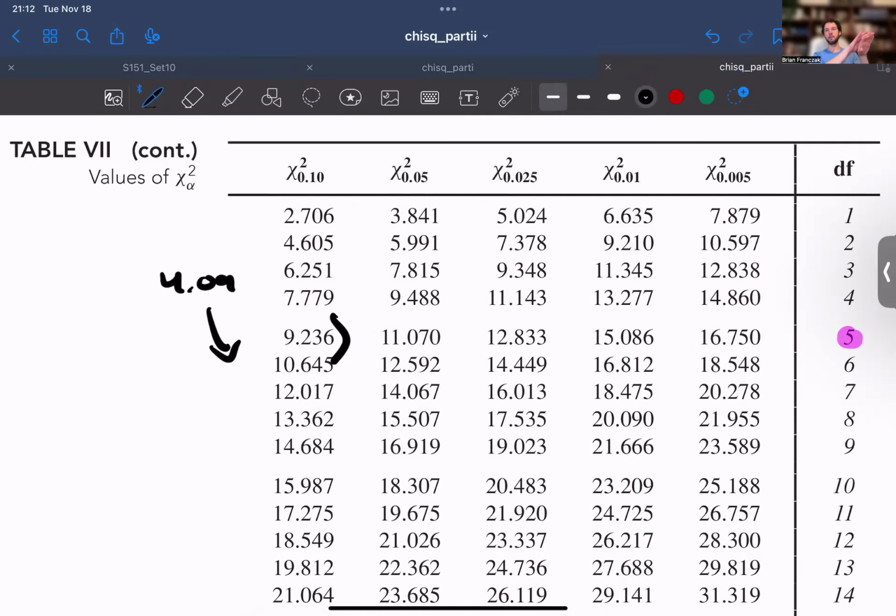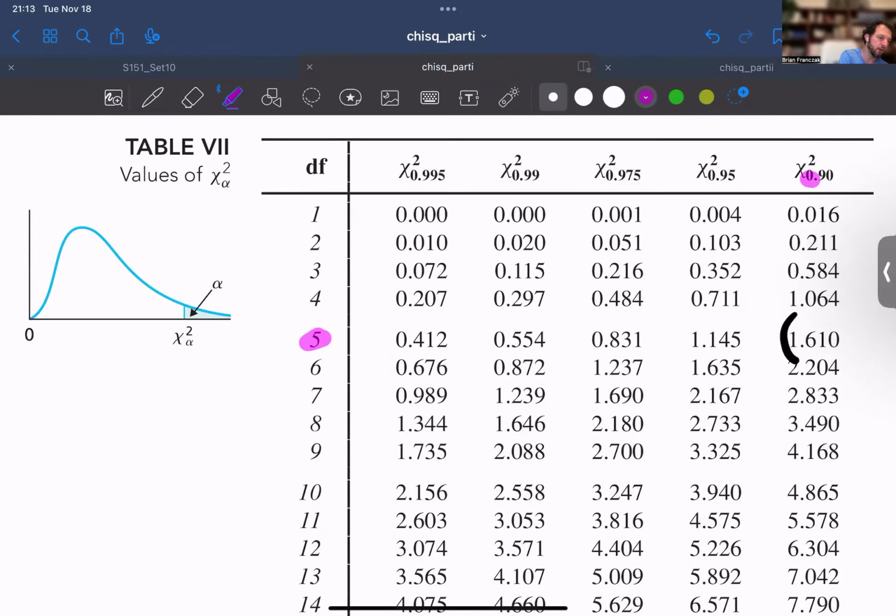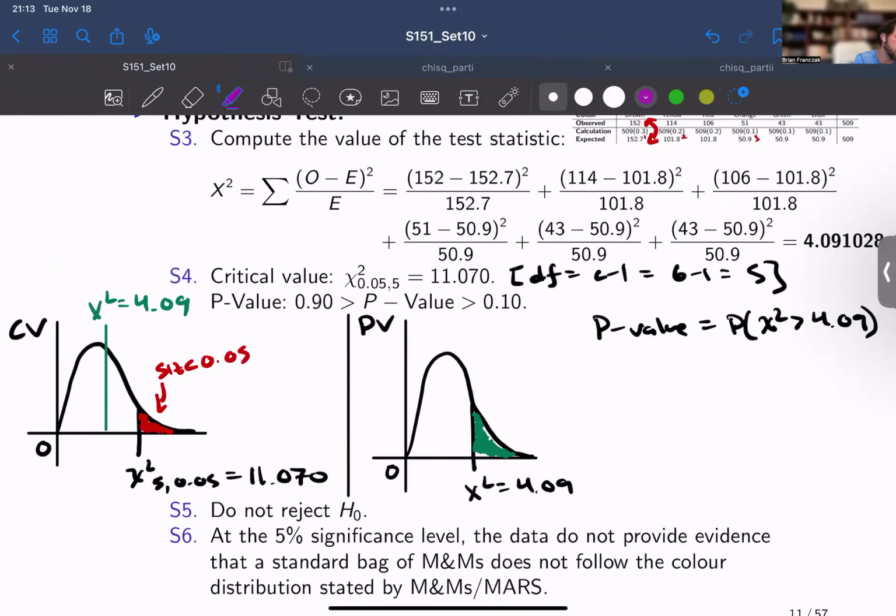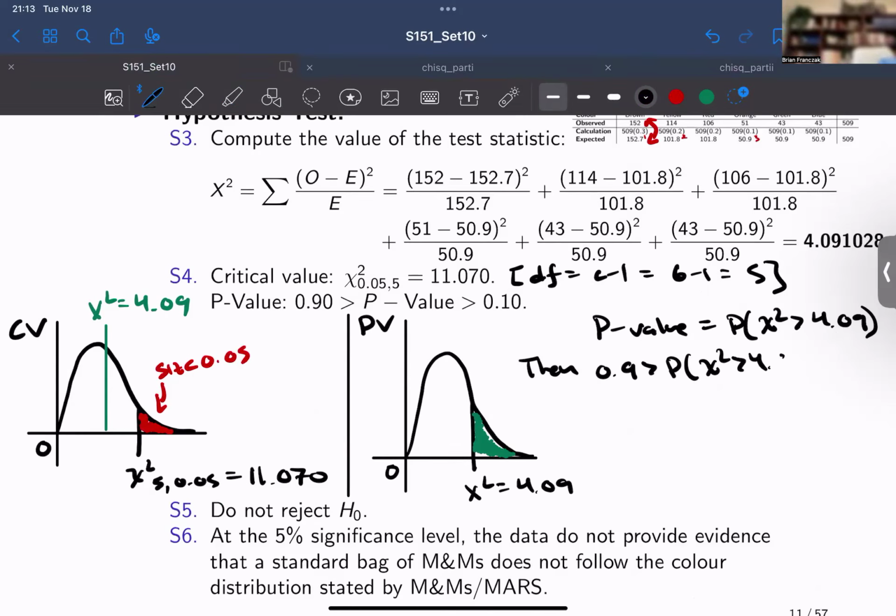And again, you read these tables horizontally, not vertically. So if you had them laid out beside each other, you would actually just see that 4.09 is between those two numbers. So just because 4.09 is between those two numbers, we can say that the area that we are interested in is between the two tail areas. So then we can go back and we can write then 0.9 is greater than this probability, which is greater than 0.1.